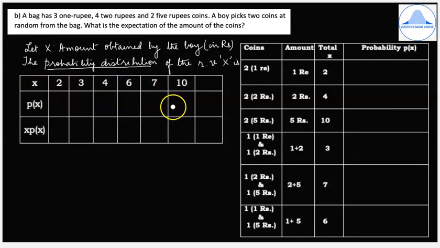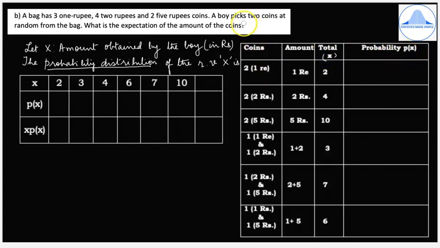Before we form the probability distribution, we have to do certain calculations, and I'm doing the calculations at the side in the form of this table. In the first column I have coins, in the second column I have amount, in the third column I have total, which is nothing but X, and then I have the probabilities, which is P of X.